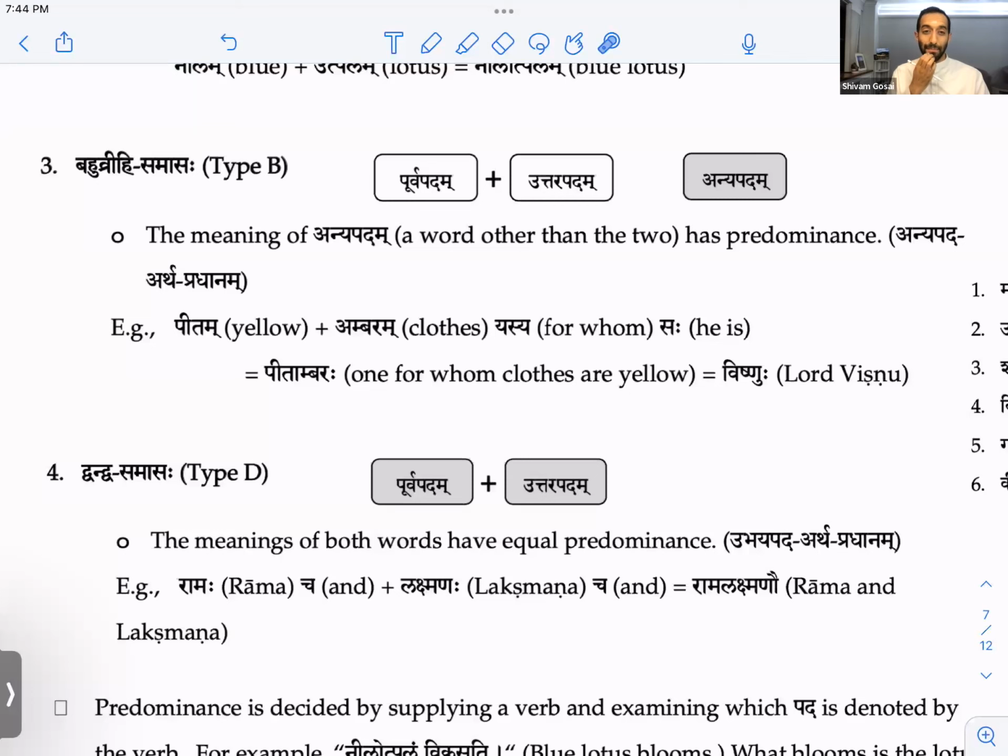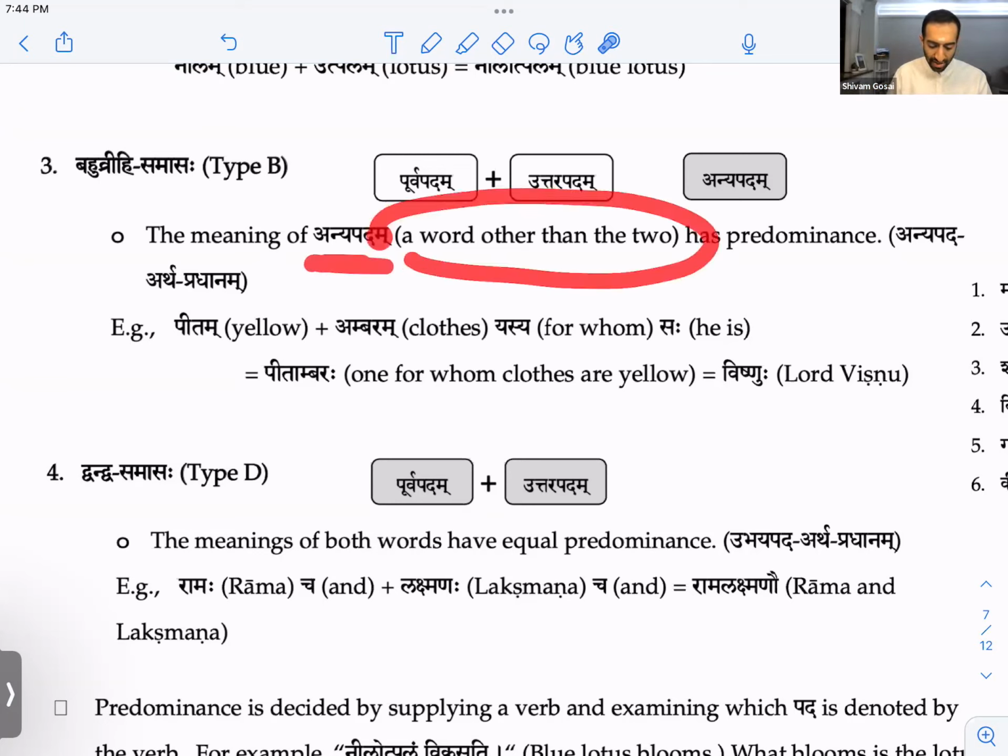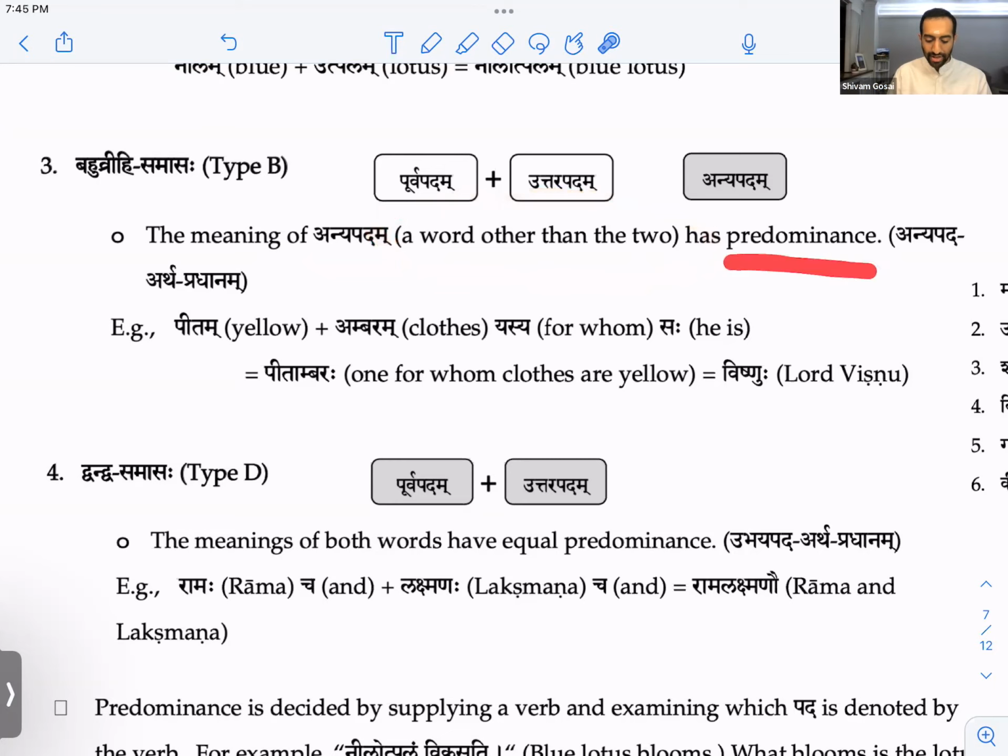This is what we call type B, right? We saw type T, now we're seeing type B. Type B is the meaning of a different word. Anyapada, a word other than the 2, has pradhana, has predominance.